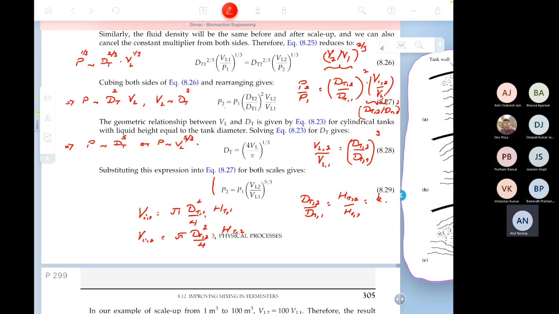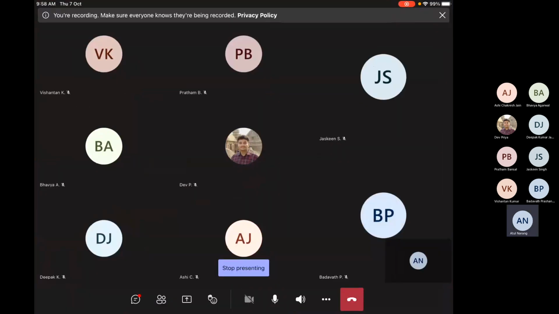So you will get this formula if you work with her way, and if you work with my way, you will get P2 equals P1 multiplied by dt2 divided by dt1 to the power 5. Is that part clear? Any questions?